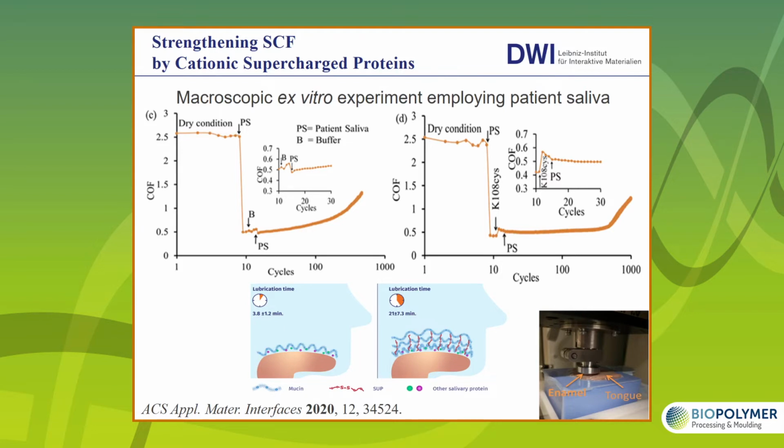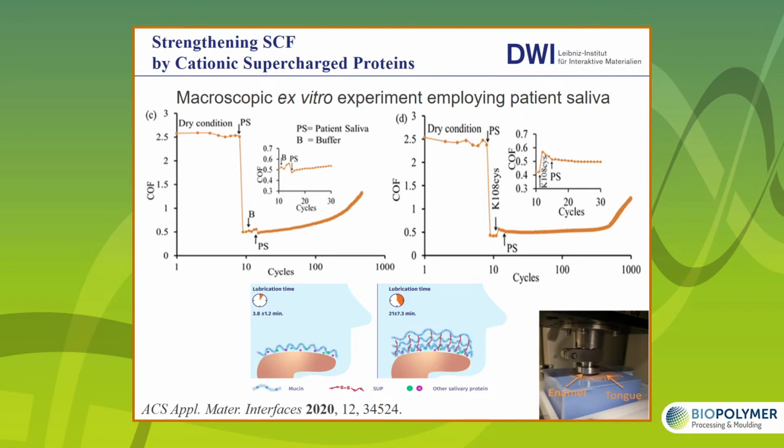We have now also gone away from microscopic experiment to a macroscopic ex vivo model experiment that's shown on the bottom right, where we take enamel on one surface and a cow tongue on the second surface, and then we do macroscopic friction experiments.